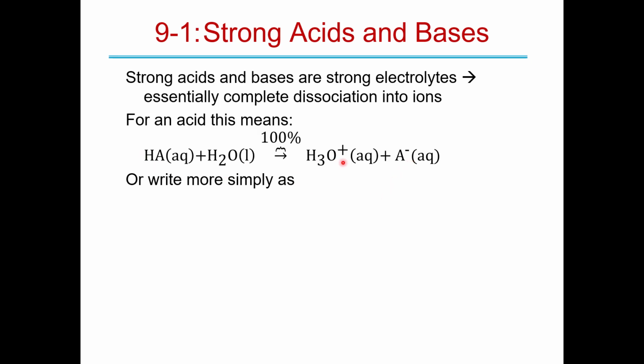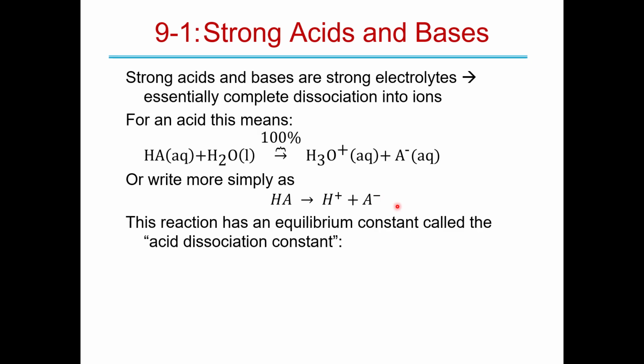Oftentimes we will more simply write this reaction as just HA dissociating to give us H+ and A-. That just simplifies how the equation looks a little bit. So as we talked about in Chapter 6, you might remember, this reaction has an equilibrium constant called the acid dissociation constant. We're assuming that this reaction is, at least in principle, reversible, although if it's a strong acid, it's essentially irreversible.